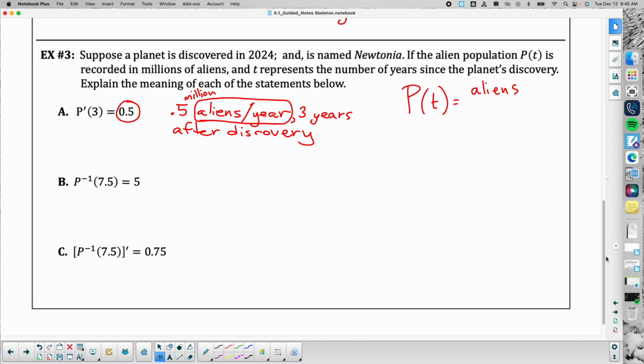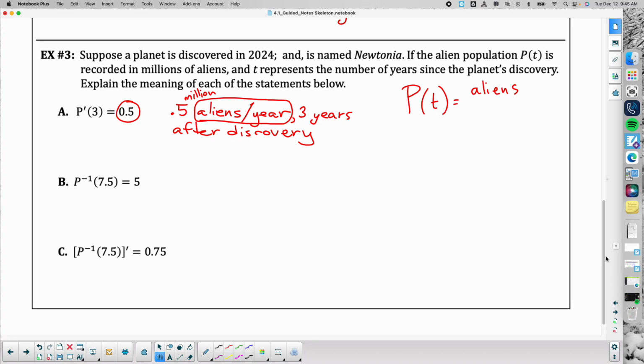Where I'm getting to is the ones that I always thought felt strange. We're now on the inverse. So, up here, the original function talked about the number of aliens that were on the planet this many years after discovery.